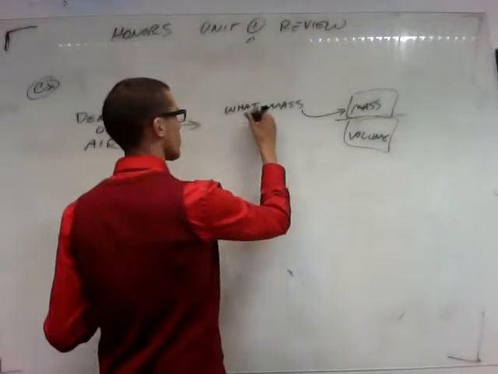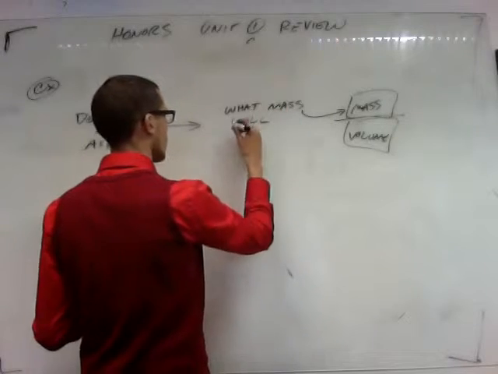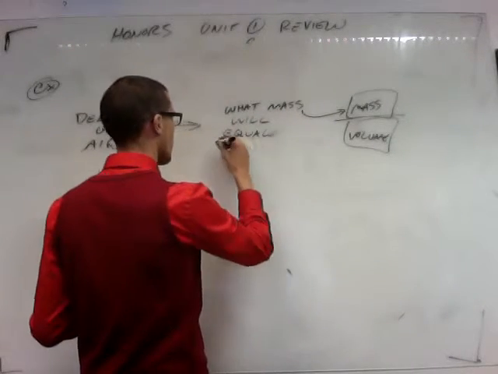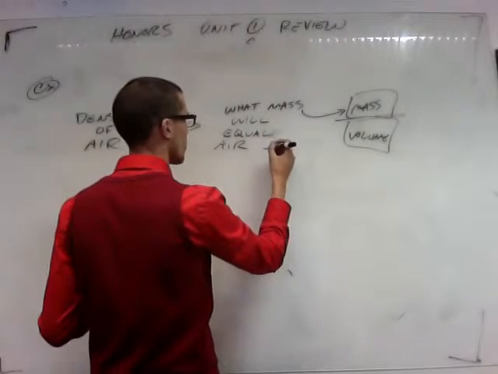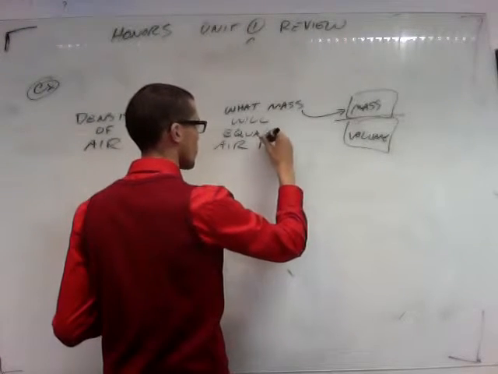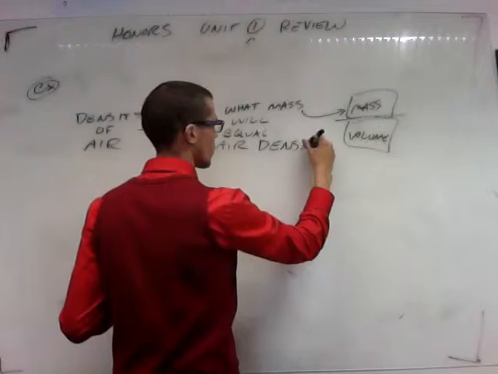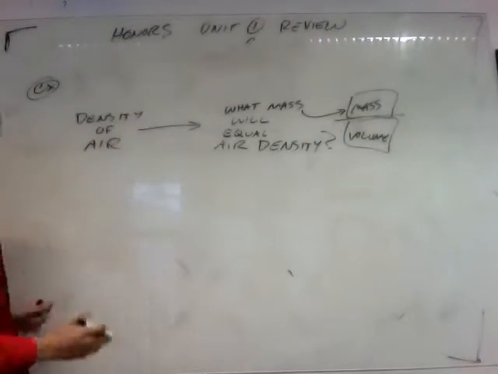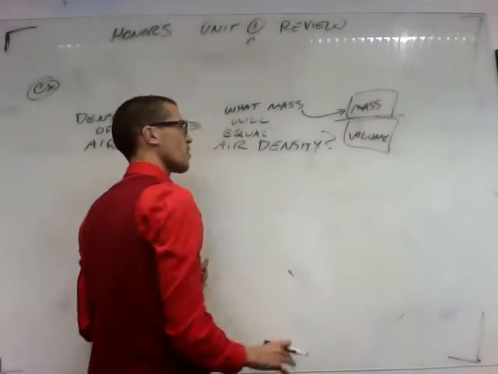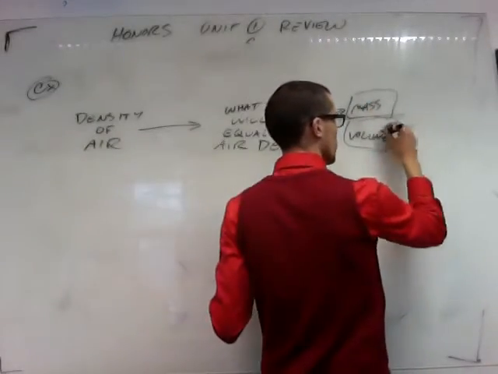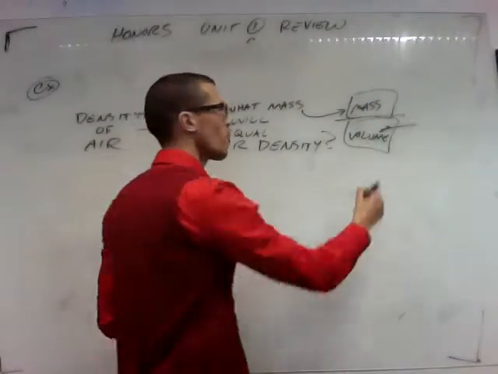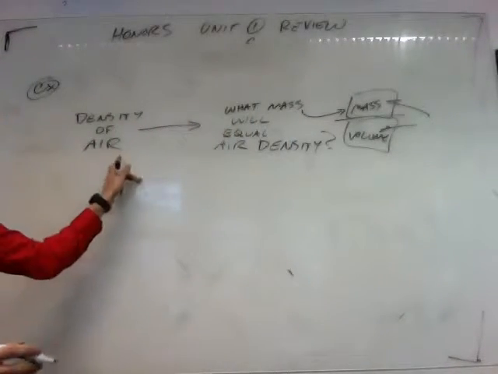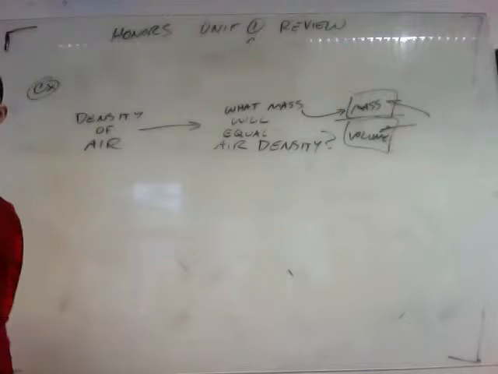What mass will equal air's density? That's what we're wondering here. So we've got the density of air, and here's the density formula. We've got a balloon that has a certain volume right here, and we want to know the mass of the balloon so it'll equal air's density, because we want it to float.